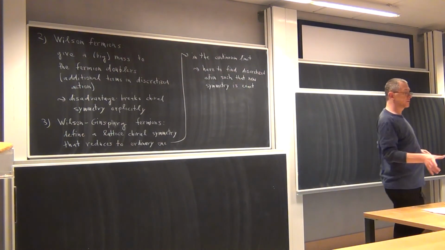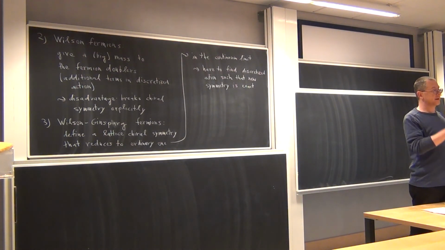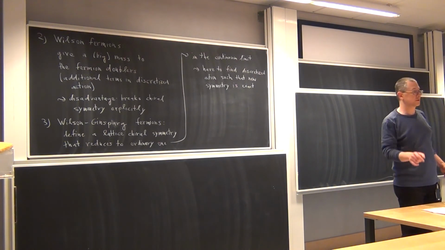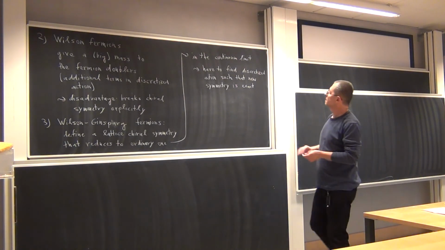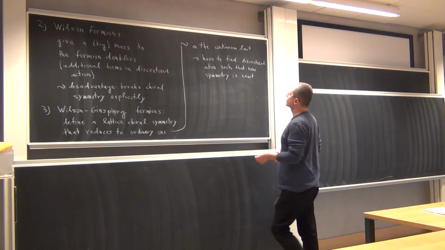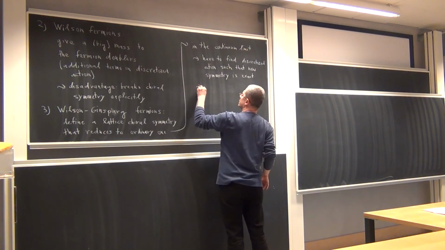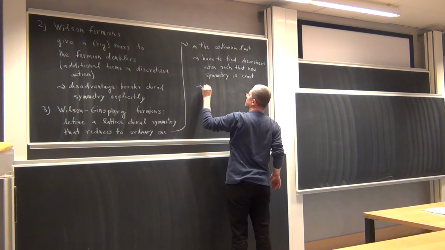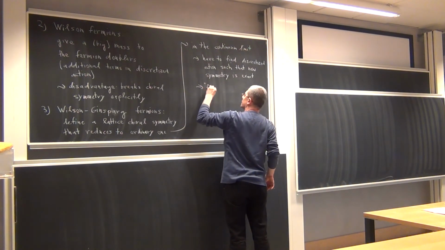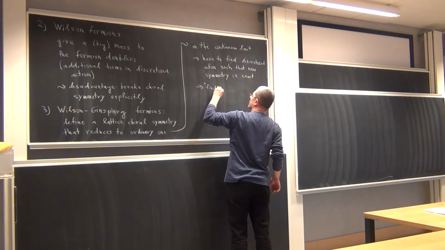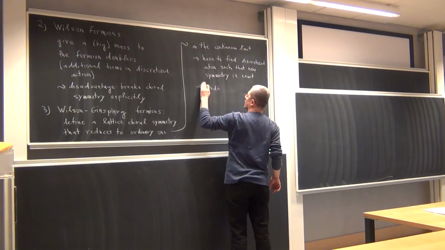Basically, it amounts to finding a gamma 5, or these left- and right-handed projectors, which reduce to the ordinary left- and right-handed projectors in the continuum limit.